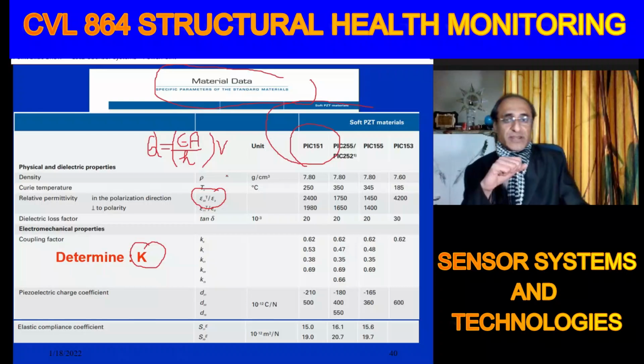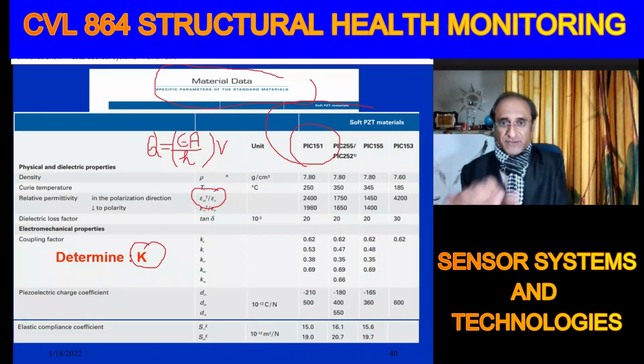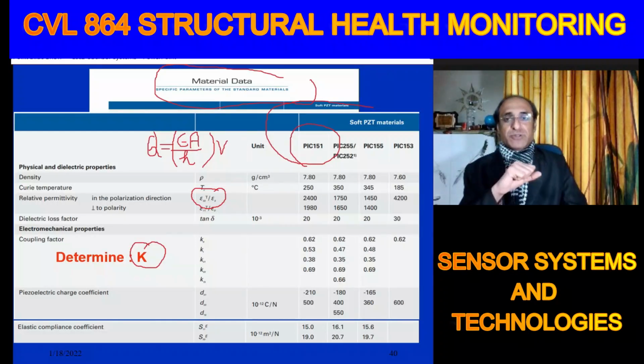All dielectric materials show this phenomenon. You apply an electric field and they will show the accumulation of charges. That is the dielectric effect, and the epsilon term is basically the dielectric permittivity of the material.